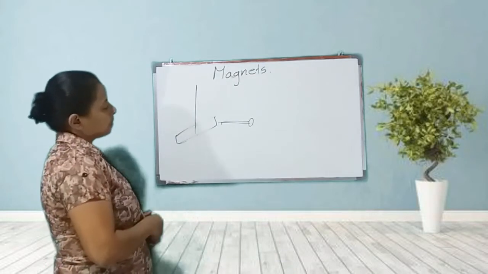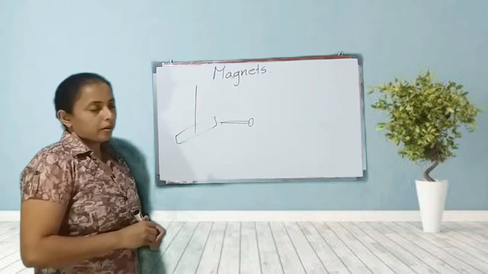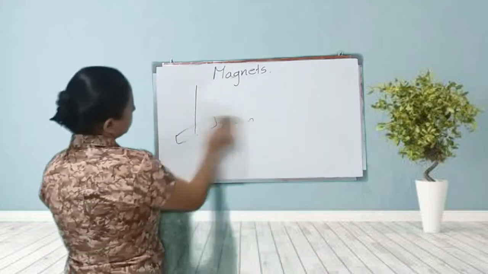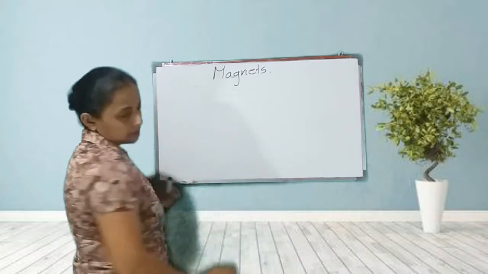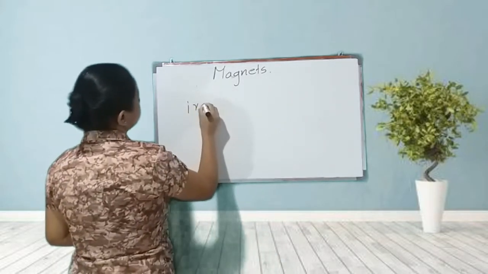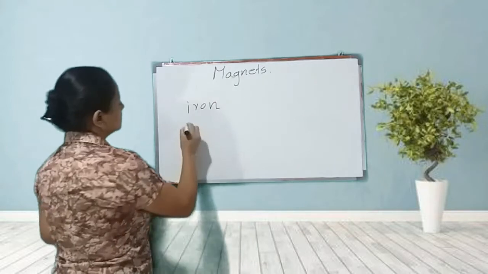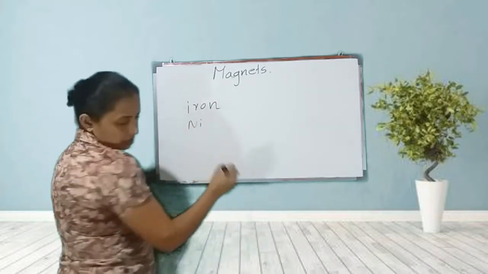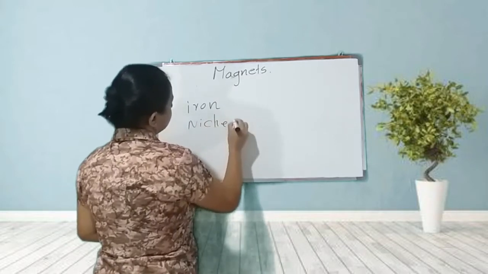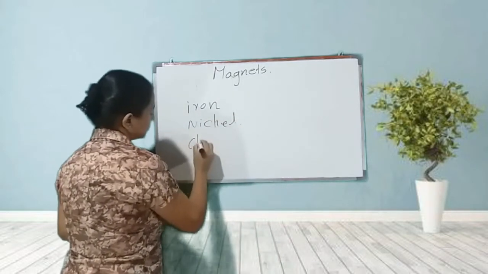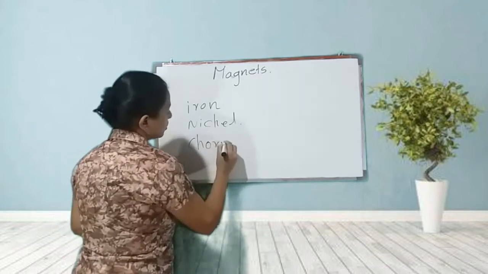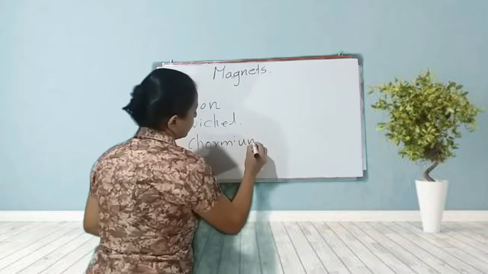What are magnets made from? We use iron, nickel and chromium.